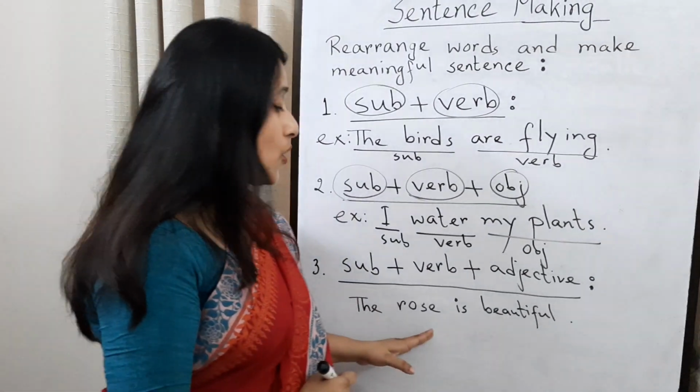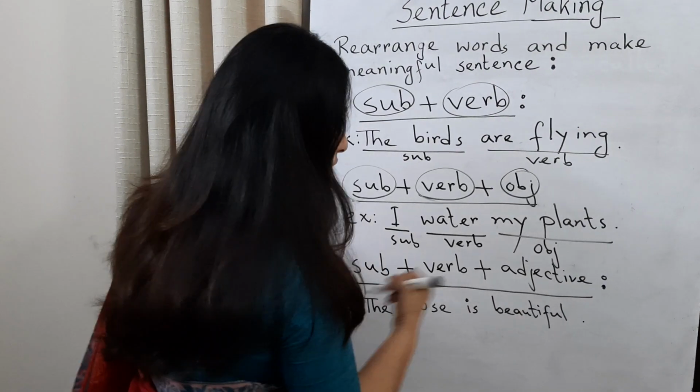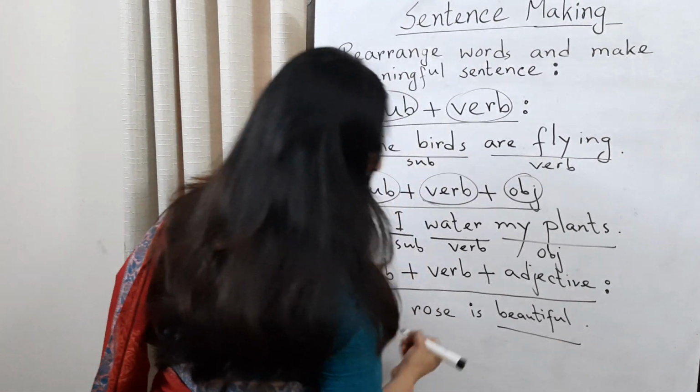That is, the rose is beautiful. What is the adjective here? Beautiful.